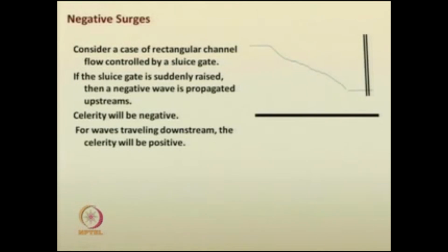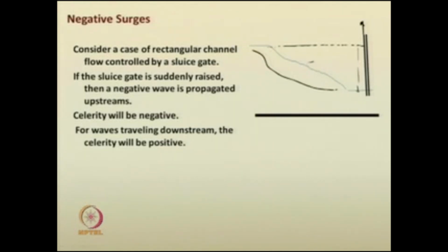Consider a case where a sluice gate is used to control flow in a rectangular channel. This sluice gate is suddenly raised upwards like this. What happens? If the gate is raised, the original depth of flow gets dipped all of a sudden, and due to that a wave is formed in the water that gets propagated.